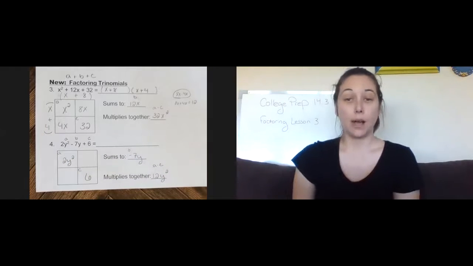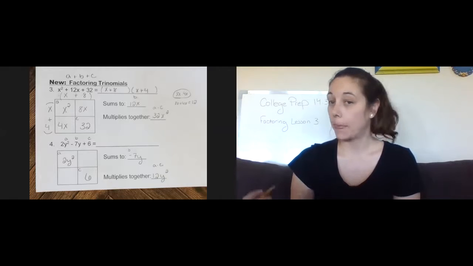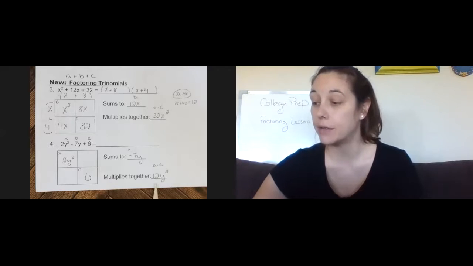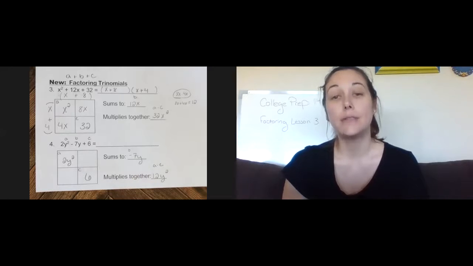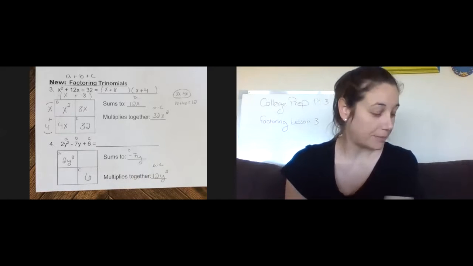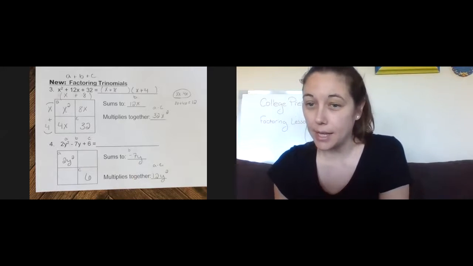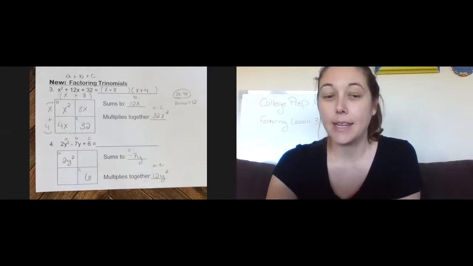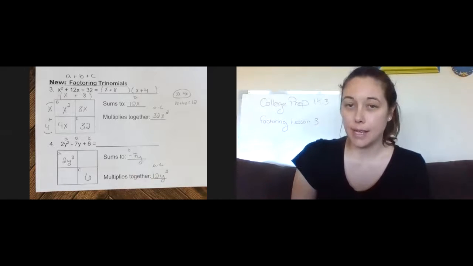So let's figure out our diagonal terms, our missing pieces of the box. We figured that out by finding factors of 12y squared that when we add them together equal negative 7y. Okay. So we need to multiply two things together that give us a positive, but when we add them together give us a negative.